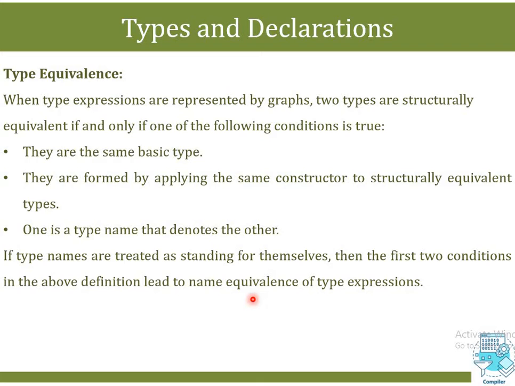We have to check their equivalence. Two types are called equivalent when the basic types and custom types used for the first type are the same for the second type also. For example, if I have used the basic integer type and an array type for type 1, and similarly the basic integer type and an array type for type 2, then type 1 and type 2 are called equivalent types.